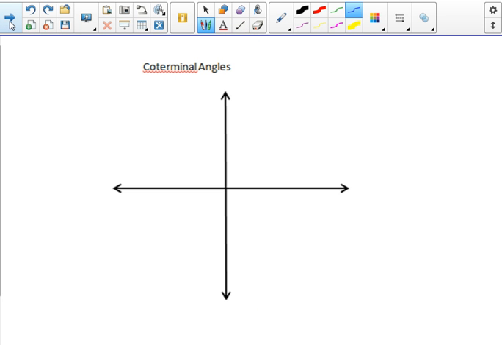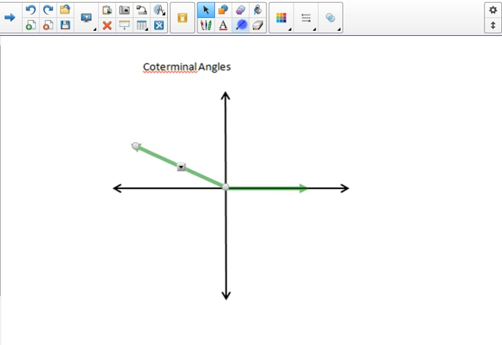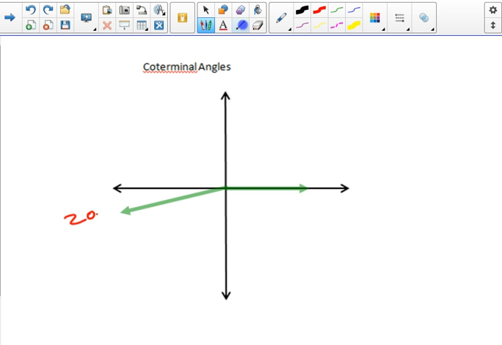Coterminal angles. I mentioned this a little bit a couple slides ago. If you start here, and let's draw another one, say the green one goes around to 200 degrees.